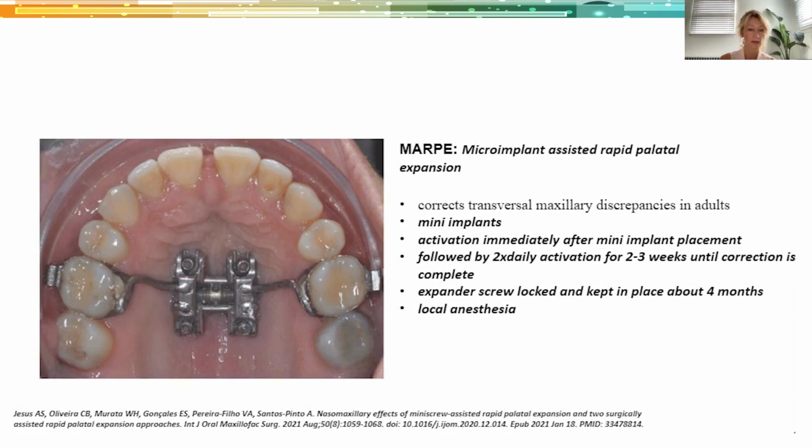In this technique, the implants are placed around the mid-palatal suture and the appliance is activated, with no incisions, no bone surgery, just minimally invasive placement of those mini screws, and it's done under local anesthesia.